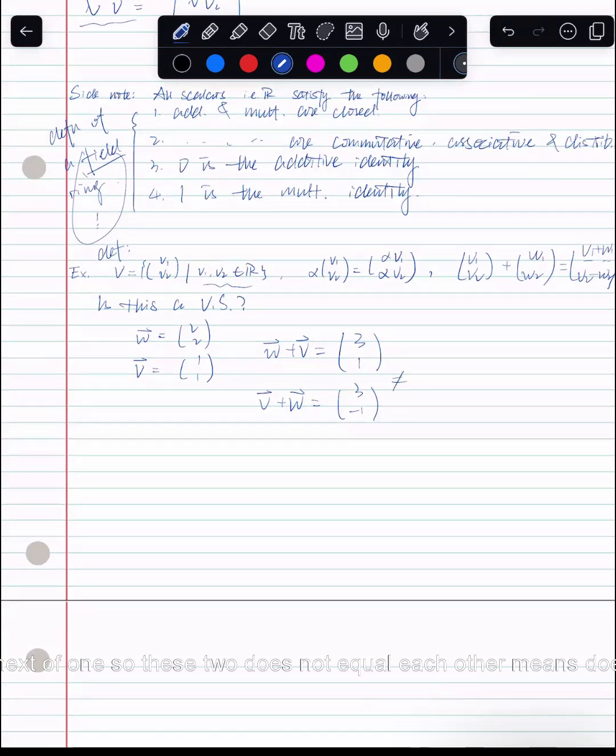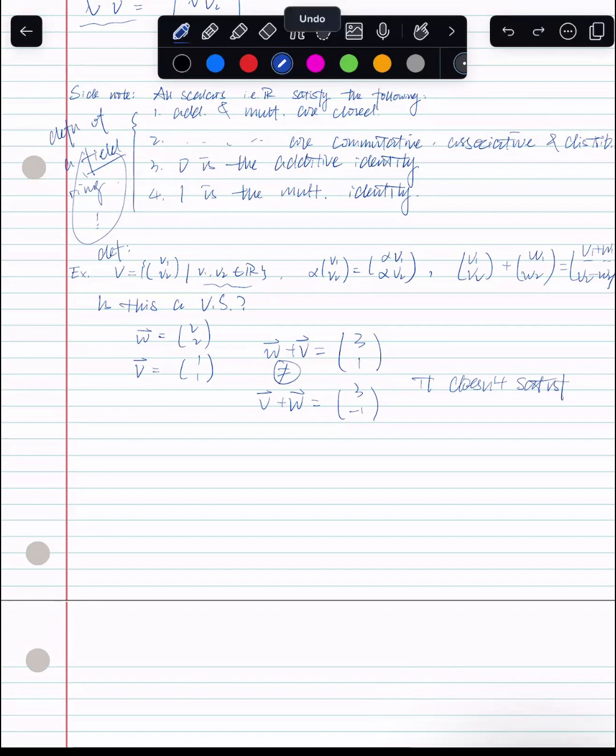So these two do not equal each other, which means it does not satisfy additive commutativity. Therefore V is not a vector space.